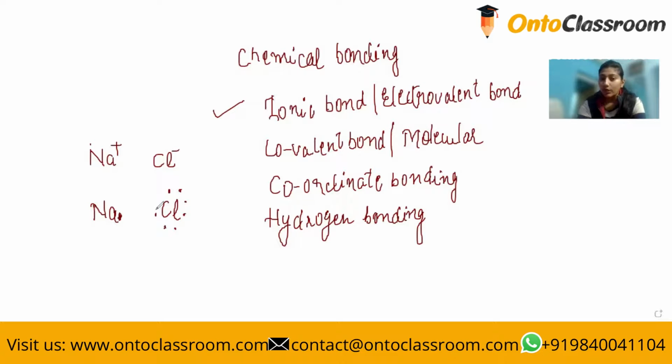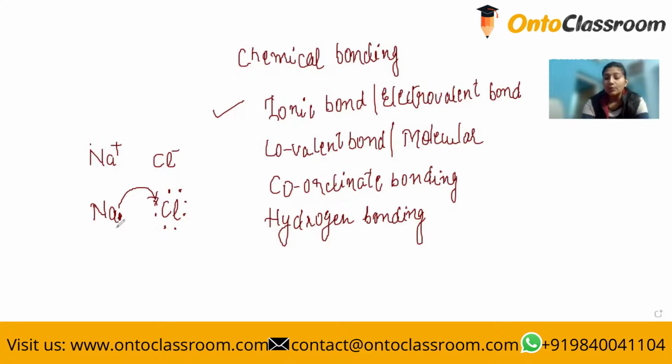Now what's going to happen? Sodium has 1 electron that it can easily donate to become stable. So Na donates its electron to chlorine. And chlorine, which has a very high affinity, can easily gain the electron from sodium to become stable.